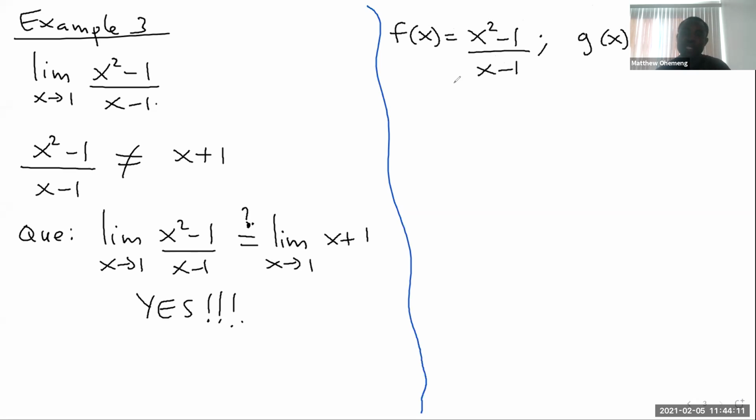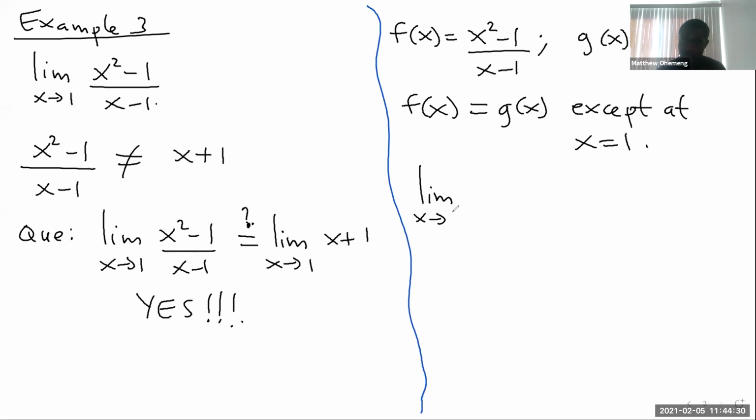Then these functions are equal except at s equal to 1, right? So they are the same except at s equal to 1. So that means if you are taking the limit as s approaches 1 of these two functions, then they will be equal. Do you recall this rule?